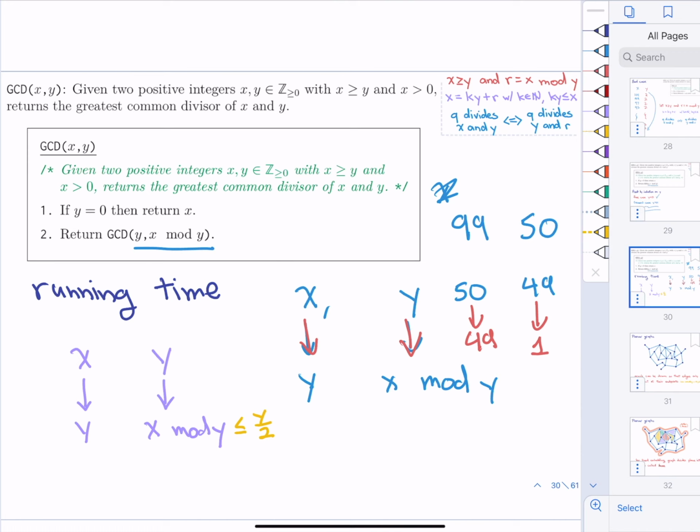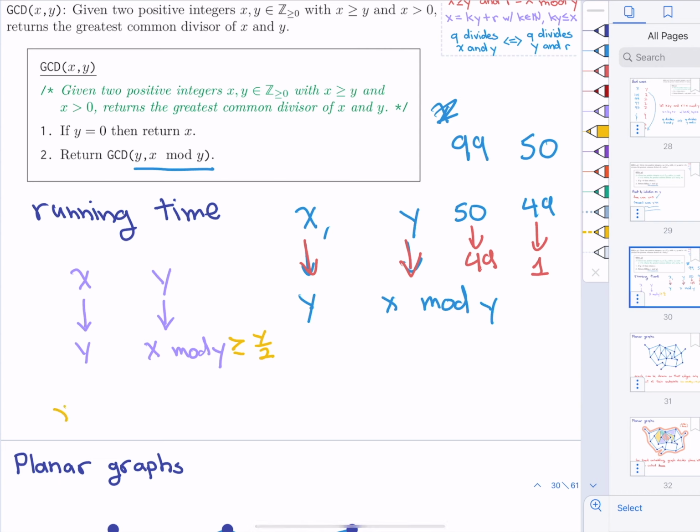Okay, so what if this value is bigger than Y over 2? The next iteration, this would go to X mod Y. And this would go to some value Z, but what do I know about Z?